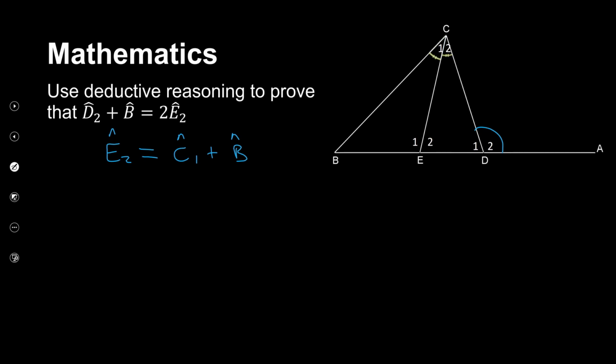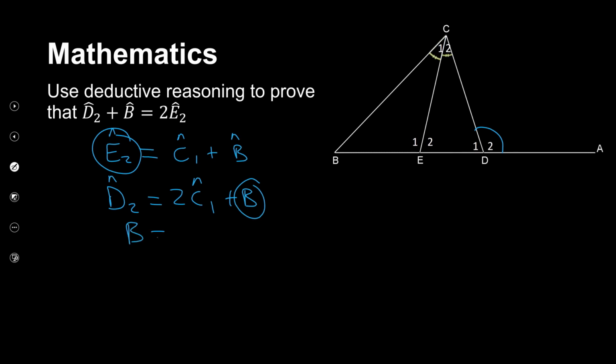But I also know that D2 is equal to 2C1 plus B. What this simply means is if I want to make E2 the subject of the formula, I will substitute the B there.